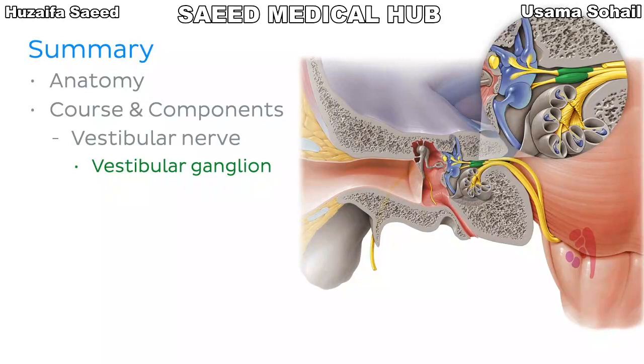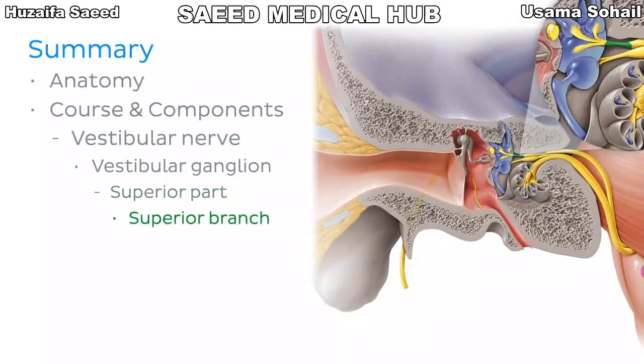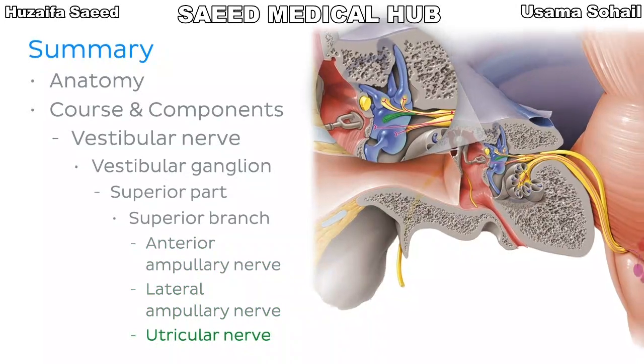The upper part, otherwise known as the superior part, gives rise to the superior branch, which in turn gives rise to the anterior ampullary nerve, which supplies the anterior semicircular canal, the lateral ampullary nerve, which supplies the lateral semicircular canal, and the utricular nerve, which supplies the utricle.